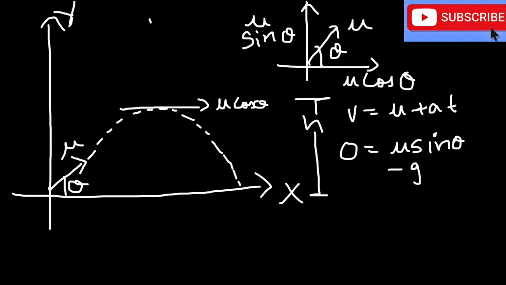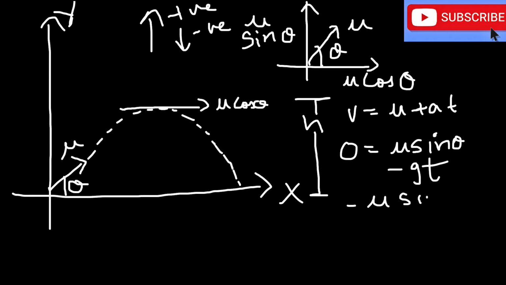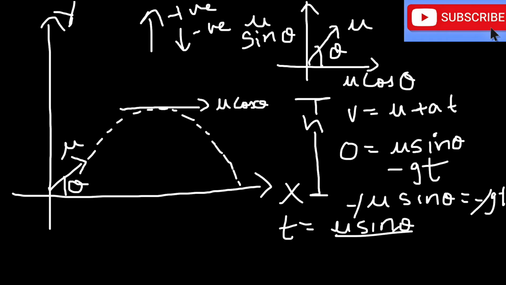Let us consider the upward direction as positive and the downward direction as negative for our sign convention. So it will be minus u sin theta equals minus g into t. Cancelling the minus sign, t will be u sin theta upon g.